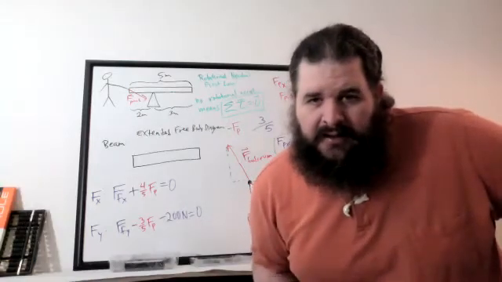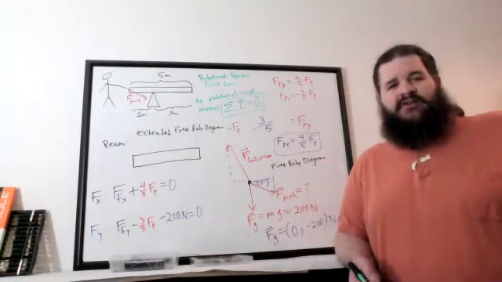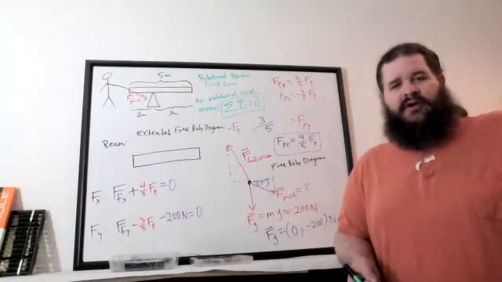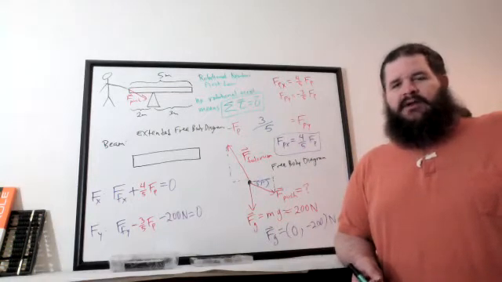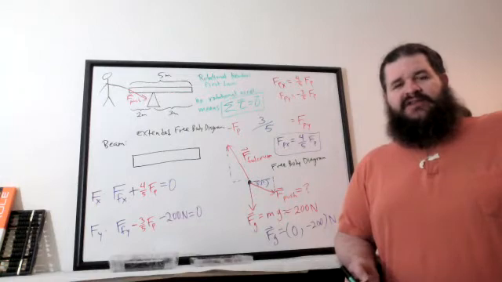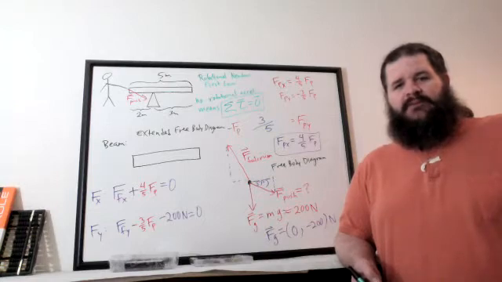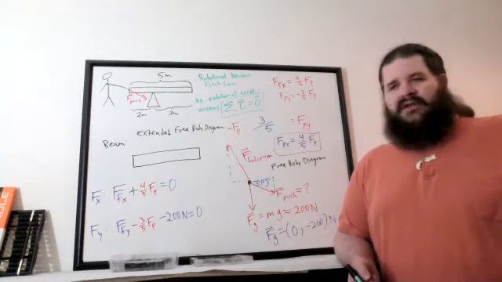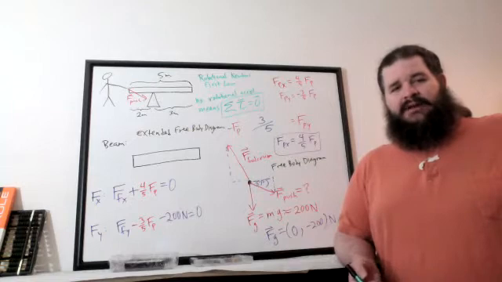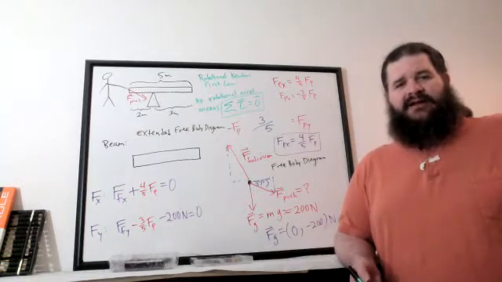Equilibrium formally just means all the forces add up to 0 and all the torques add up to 0. But you can interpret that as if it's at rest, it's going to stay at rest forever. Or if it's in motion, it's going to continue that motion exactly the same forever. But for our purposes, static equilibrium means everything's staying still and not changing.